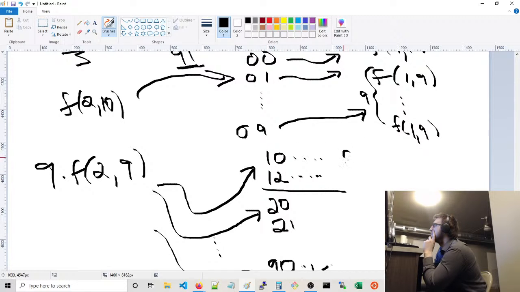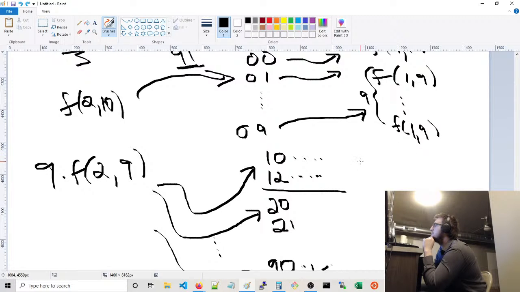This is f of 1, 8. Of the choices that we have here, we could pick any of these except, oh, no, that's not totally correct. Because there's 9 times f of 2, 9.